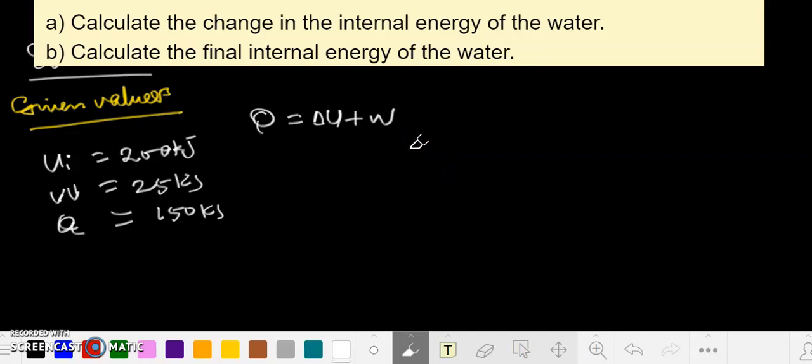So we can see that it is positive Q. Q here is positive because according to the equation, it shows us that heat is supplied, and that means that it is positive. So W means that work is done by the system, and that is why we are using this positive sign.